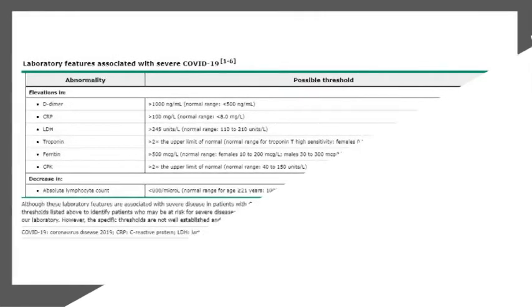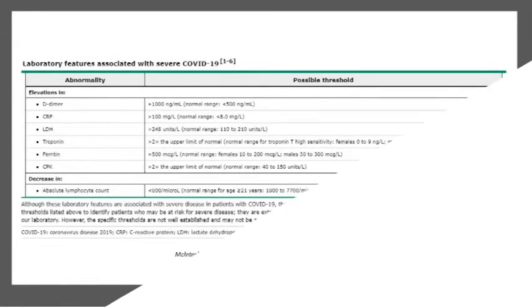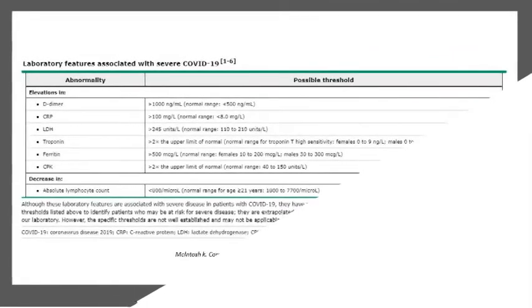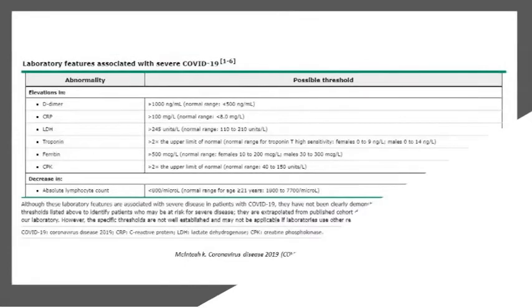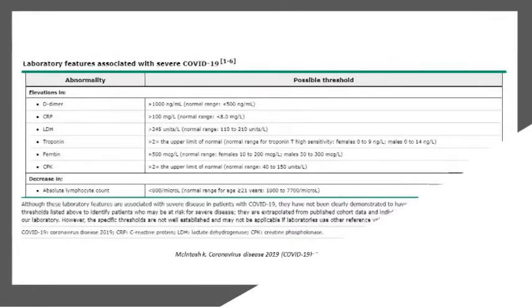One of the things which happens is absolute lymphopenia, and I need to focus on the word absolute lymphopenia. It is not the percentage, but it is the absolute count, because this makes a lot of confusion. When you look at the percentage of lymphocytes and you consider the lymphocytes as low, despite the absolute count being normal. So usually we look at the absolute count.